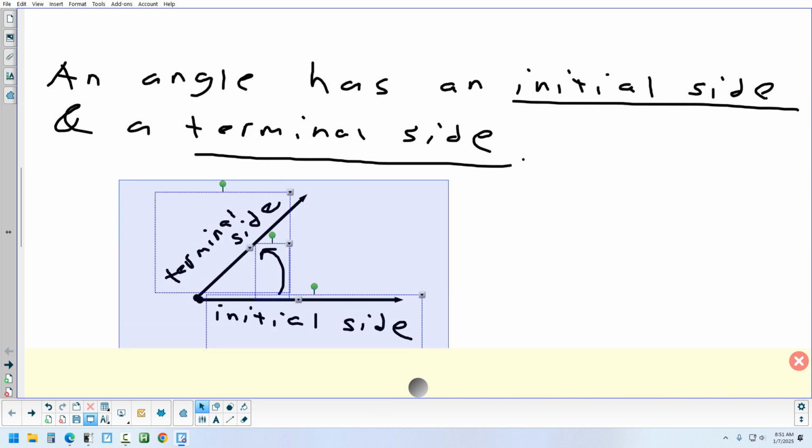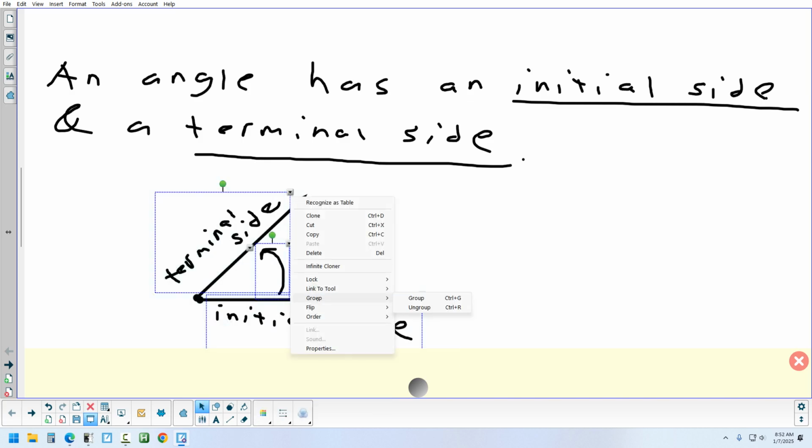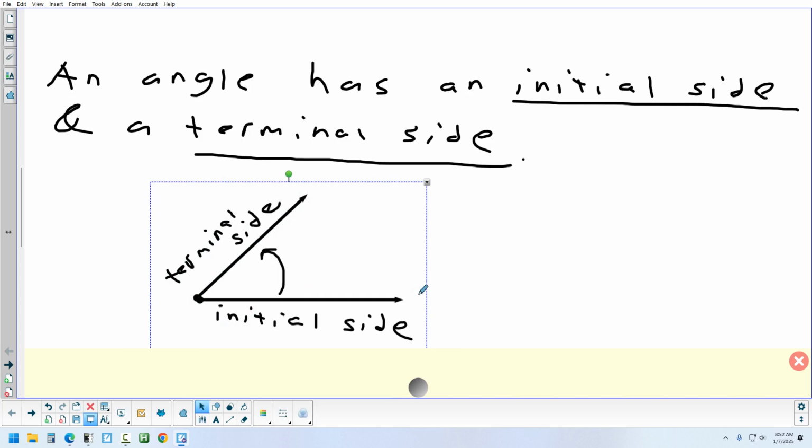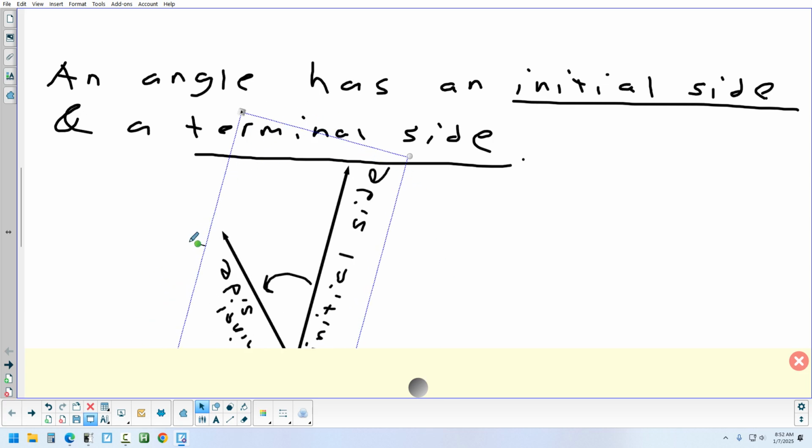Now you can take that angle, just group that all together. Okay. Even if you rotate it like that, the labeling is still correct. Right? Go between the two rays, rotate counterclockwise. So the side pointing up and to the right is the initial. The side pointing up and to the left is the terminal. Okay. We generally like to draw the initial side horizontal.